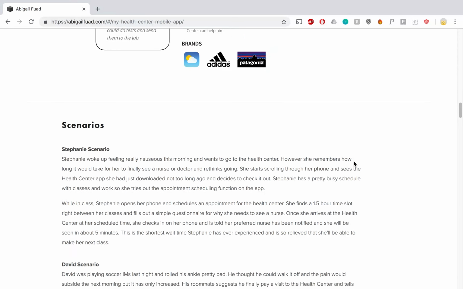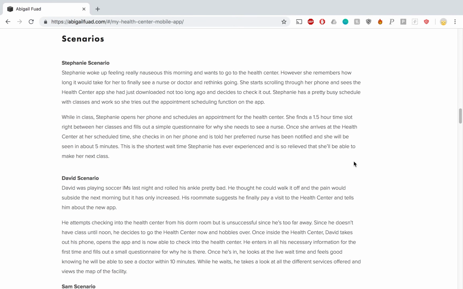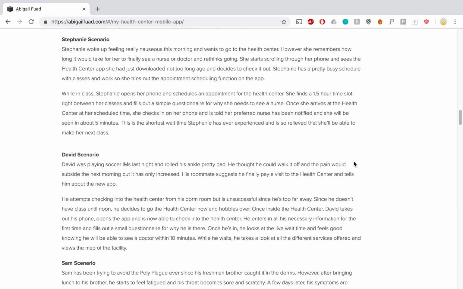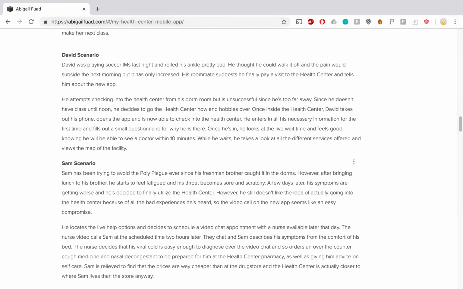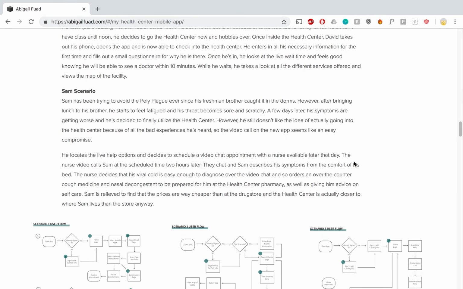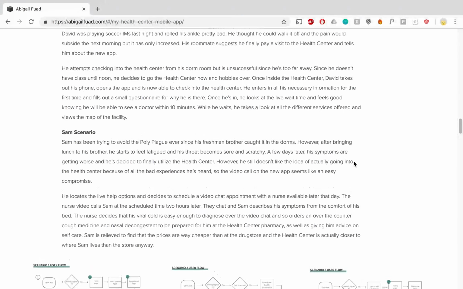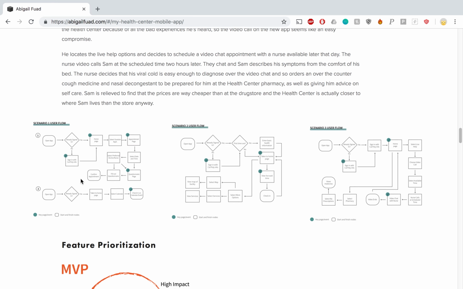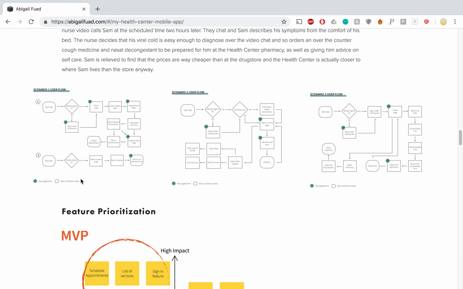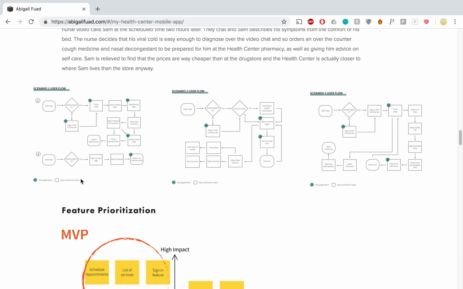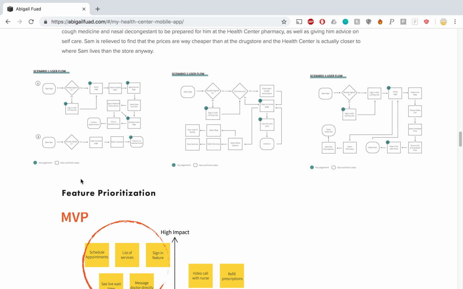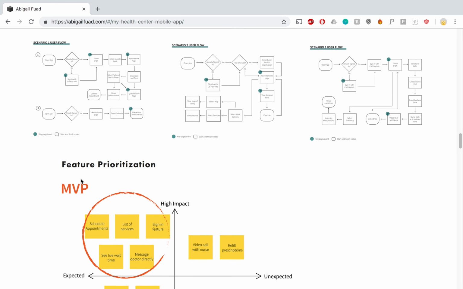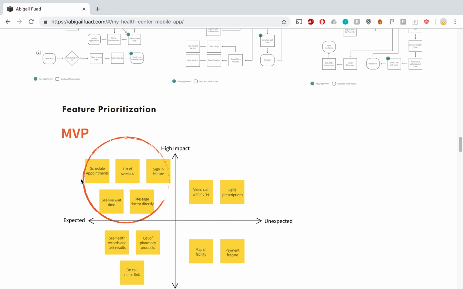Then for each persona, we developed a scenario of how they would interact with the health center application. We also created a user flow for each one of the personas, walking through exactly when they would click, make a decision, and how they would work their way through the application.